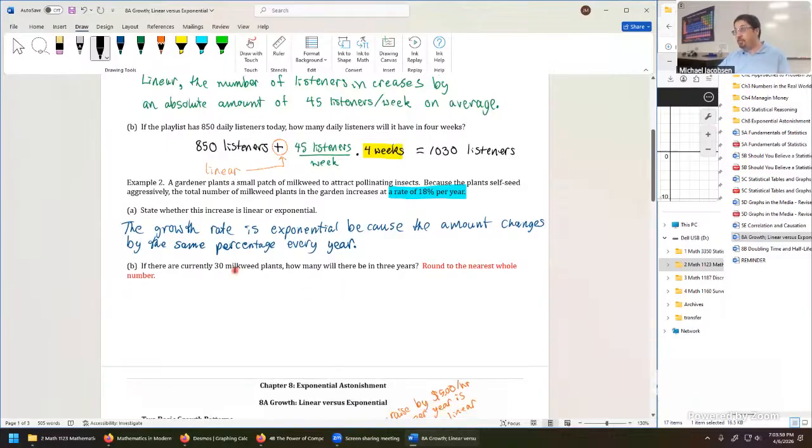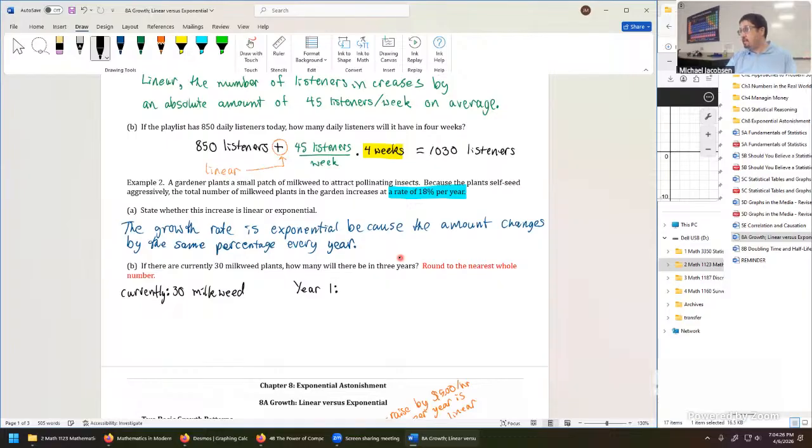We start with the 30 milkweed plants, just like part B started with the 850 listeners. So take 30 milkweed, and this is how much we have currently in the garden. We want to know how many there are going to be in 3 years, and we can do this kind of computation.